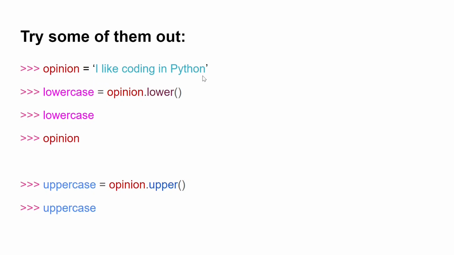Okay, so now let's try to make all the letters in my variable's string, "I like coding in Python", uppercase. So I do the same thing over here, except I call the variable uppercase, and then I can print my variable out, and hopefully it should turn the whole string uppercase. Let's try this second example out in the IDLE shell.